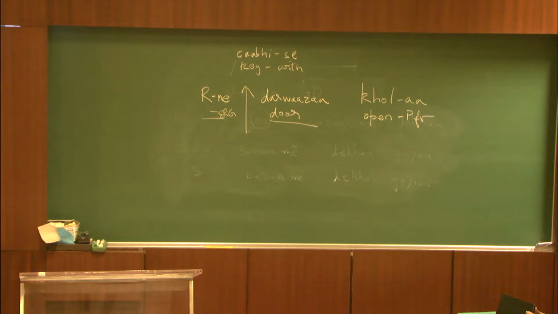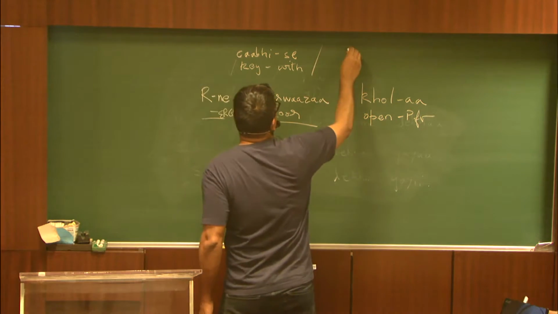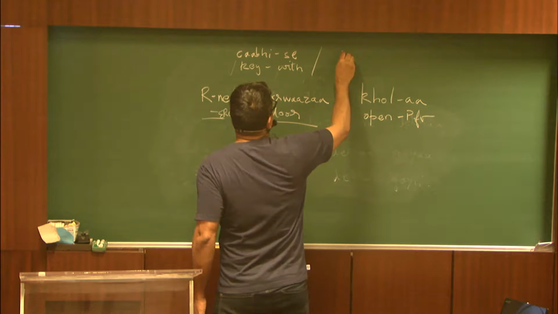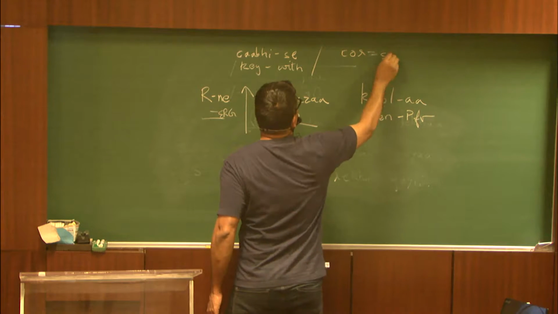Ram ने चाबी से दरवाजा खोला. Ram opened the door with the key. Now let me put something else here instead of चाबी से: चोर से, thief.